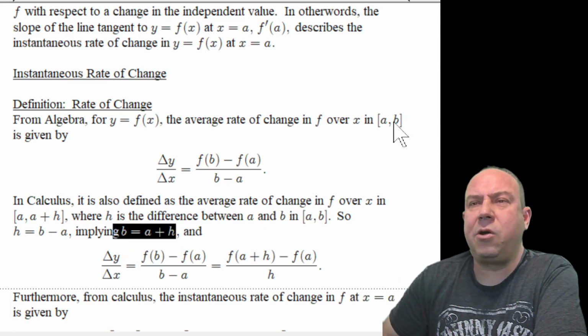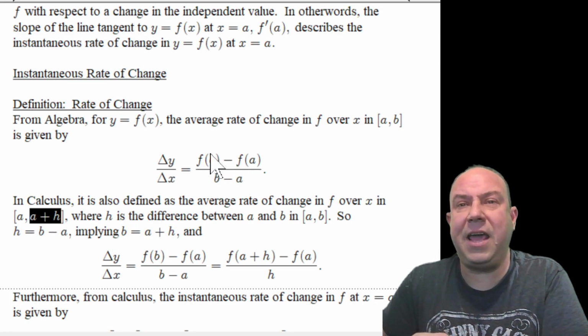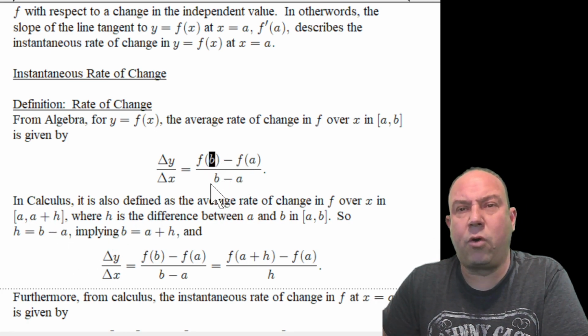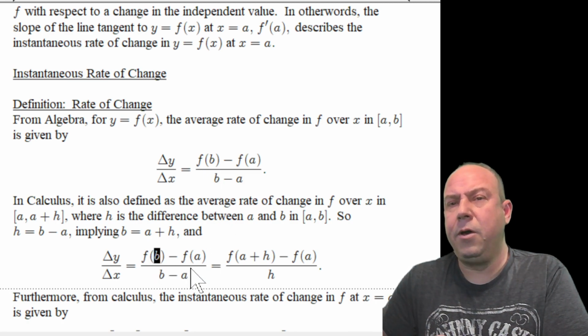So we are able to go into this description up here for average rate of change, and everywhere inside the formulation where we see b, we can replace it with this quantity a plus h.